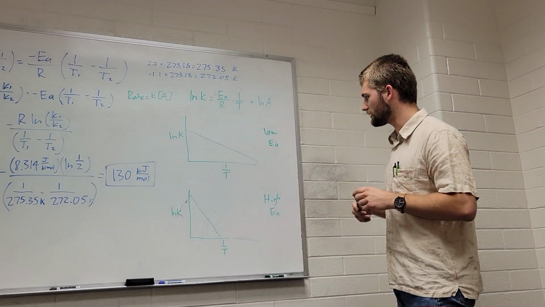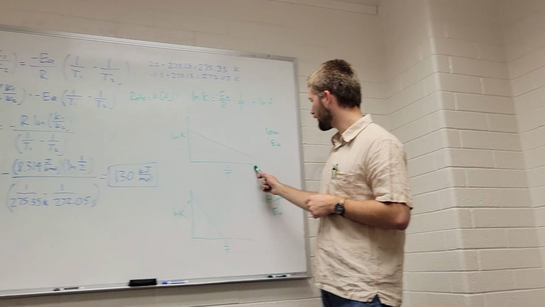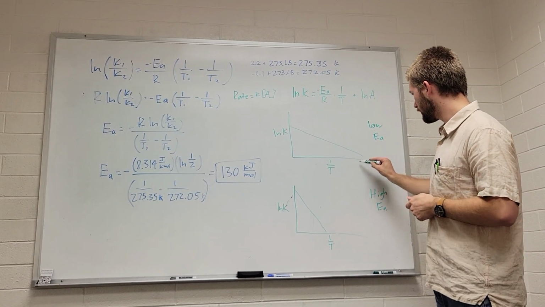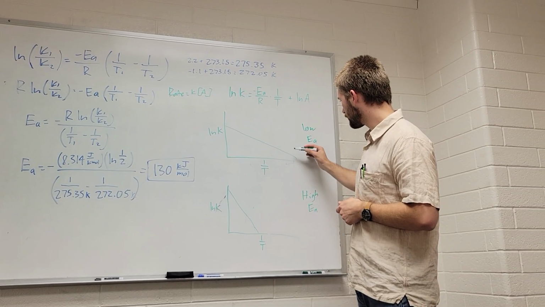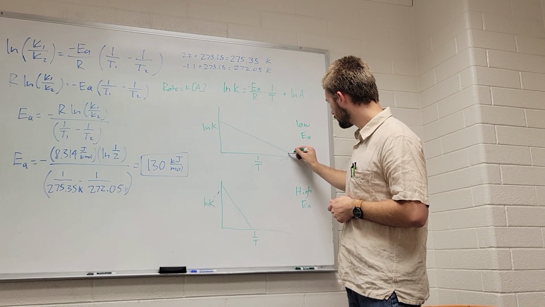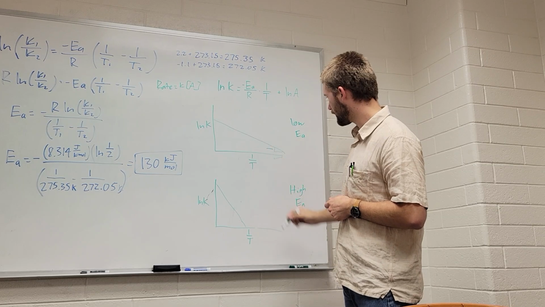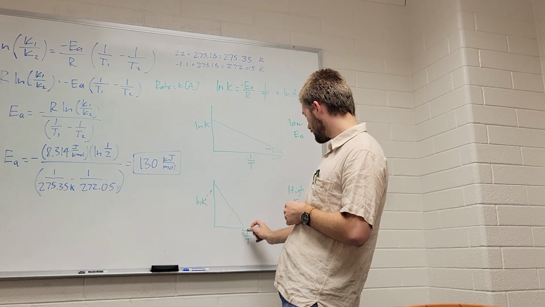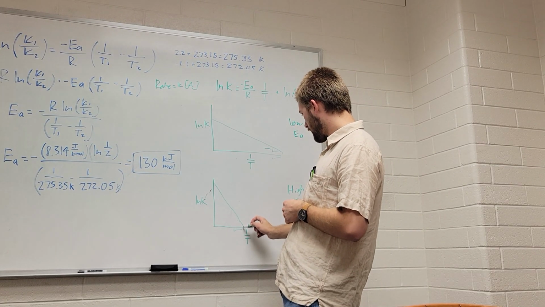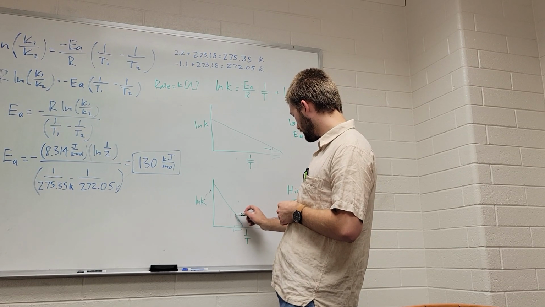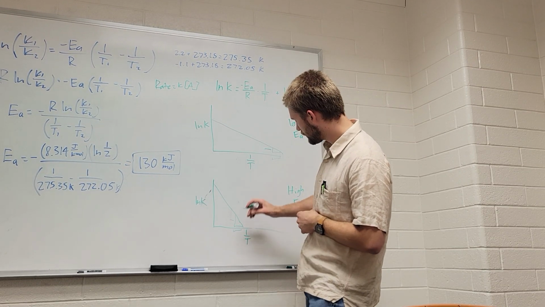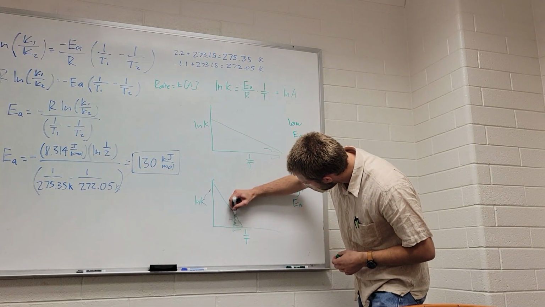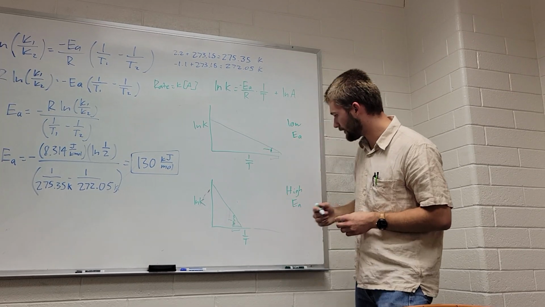And so, as we can see, if you change the temperature on this one by this much, you're only increasing that much. Not very much. But if you change this one by the same amount, you're increasing by that, a line that's much greater than that.